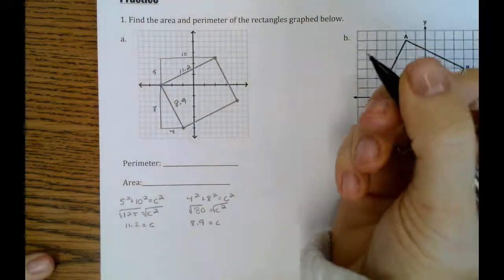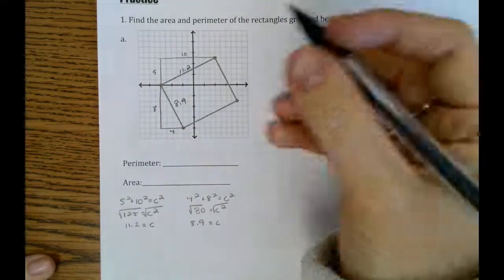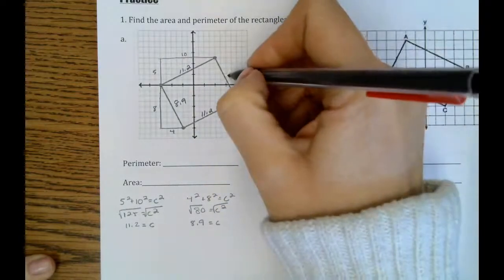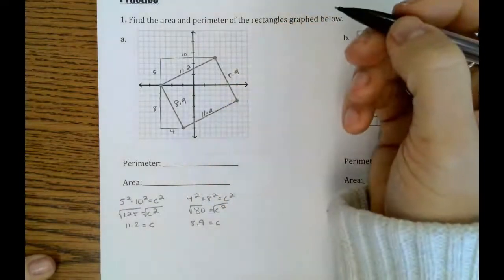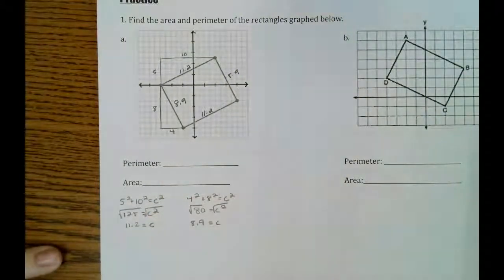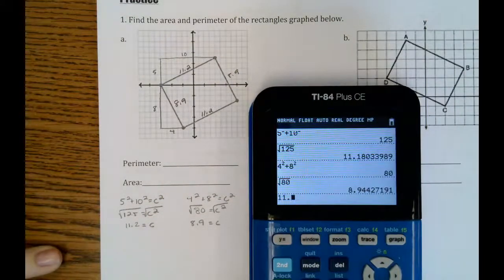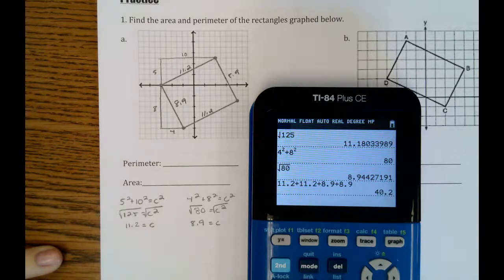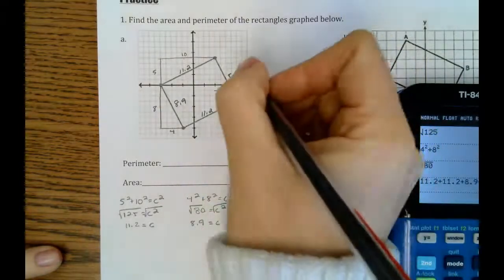If you remember correctly, for rectangles, the opposite sides are congruent. So this side will be 11.2. This side will be 8.9. So for our perimeter, we're going to add all of our sides together. Which is 40.2.